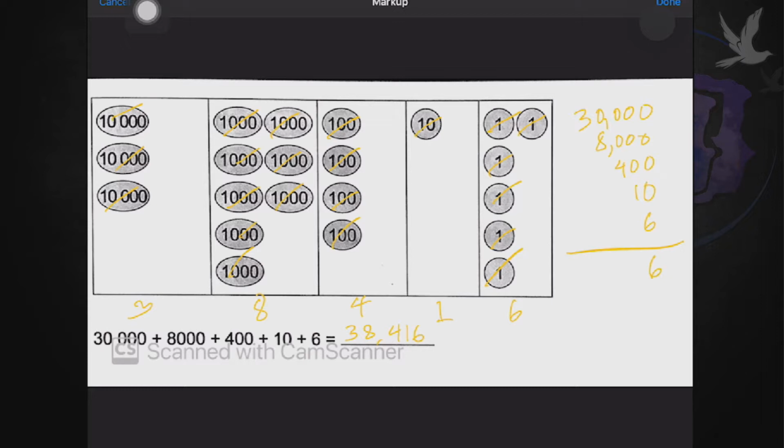For the tens, you only have 1 there. For the hundreds, you only have 4. And for the thousands place, you only have 8. And for the 10,000s, you only have 3. So if you observe, we have the same answer over here. It's just that what we did earlier is just a shortcut, and what we did now is just to show us the entire process.